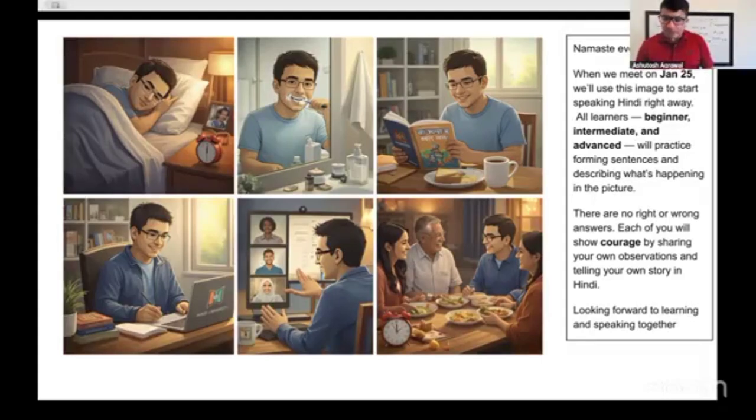It's really about a person, when they wake up, when they brush their teeth, and when they're reading. You don't have to stick to these images. You can extrapolate it, and you can talk about other things. But they're things that they do in a routine manner, so you can definitely see the use of the present indefinite tense here. So that's what we'll do in the next Sunday class. All of you will have an opportunity to talk about your own routine in Hindi.